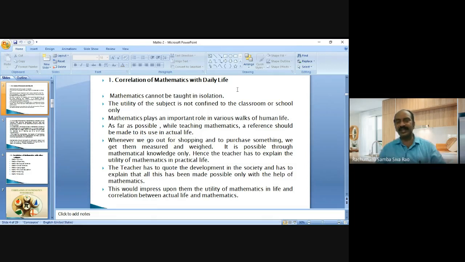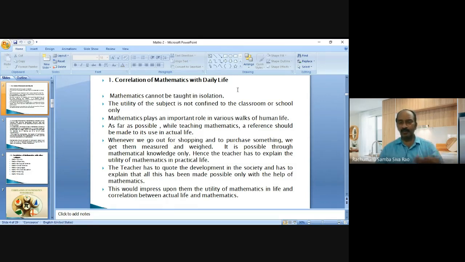As we discussed earlier, in every walk of life there is an application of mathematics: in home, in kitchen, in any profession.